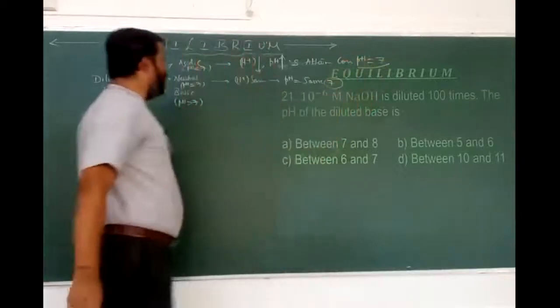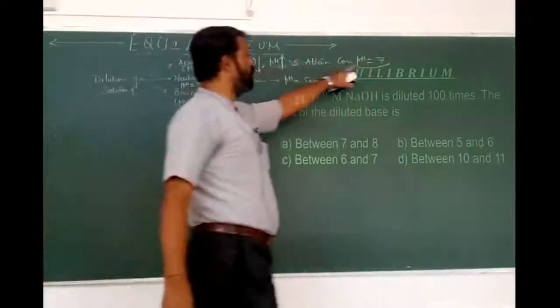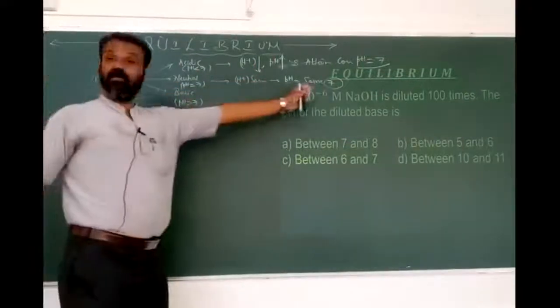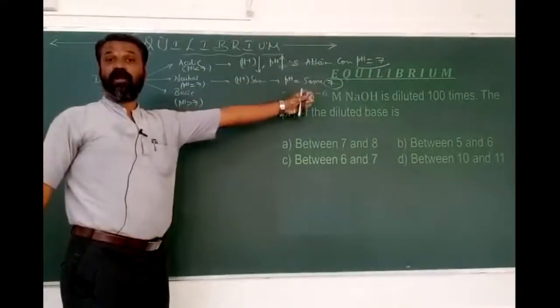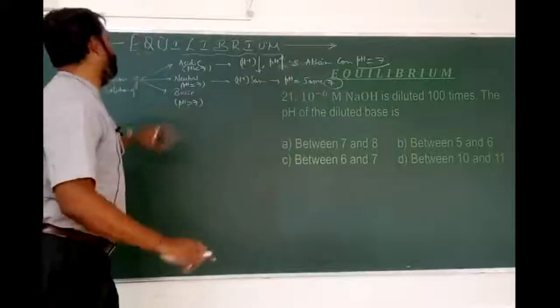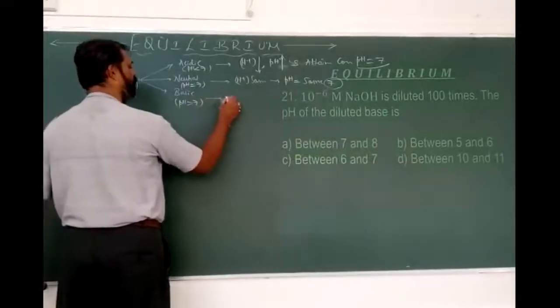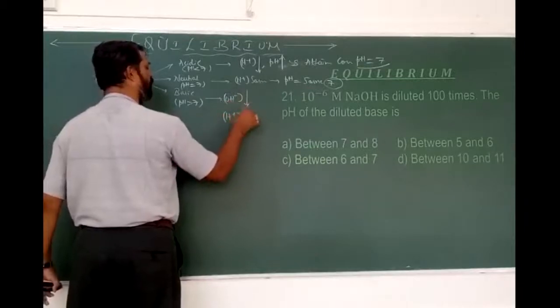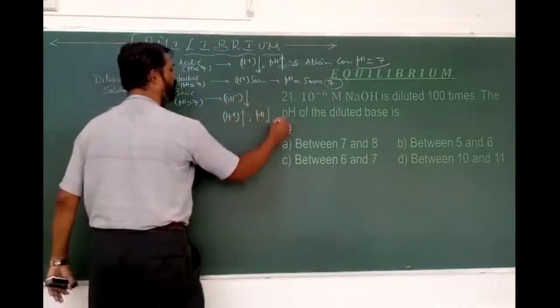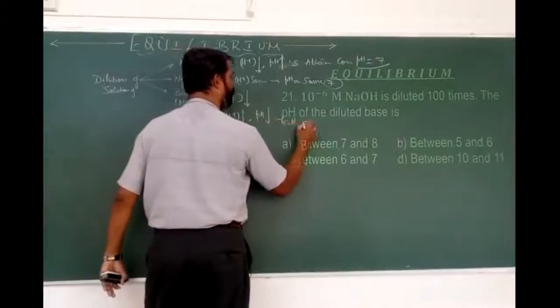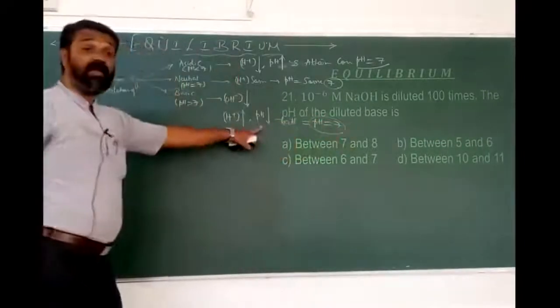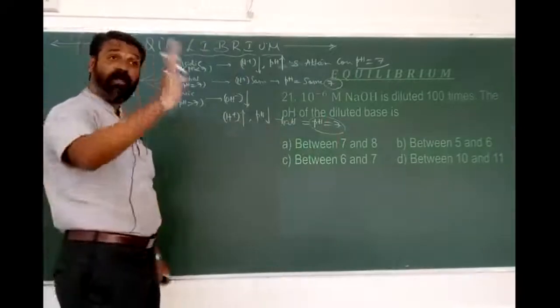No doubt the pH value goes on increasing, but only up to 7, because the pH of a neutral solution remains the same on dilution. Similarly for a base, OH minus decreases, H plus concentration goes on increasing, the pH goes on decreasing and finally attains exactly 7. No doubt it also decreases, but only up to 7.